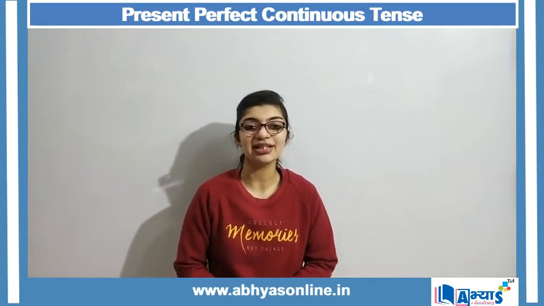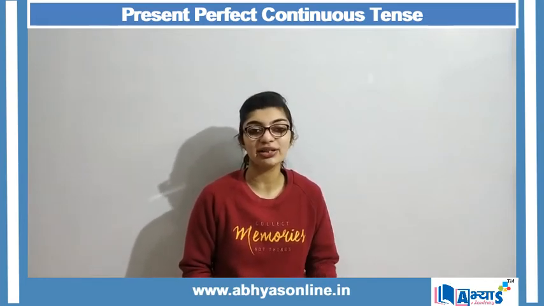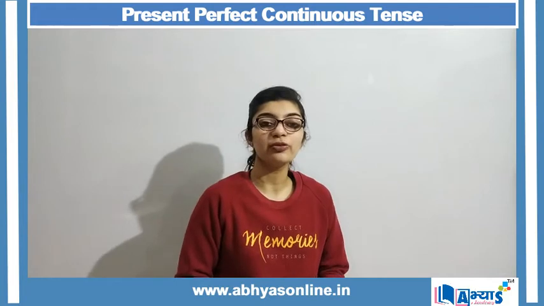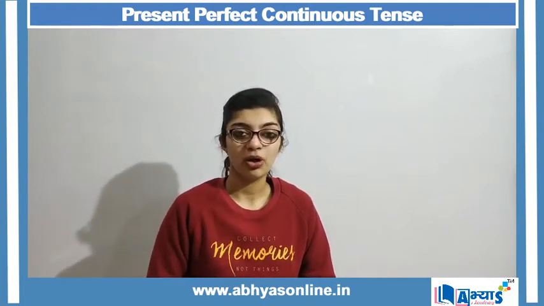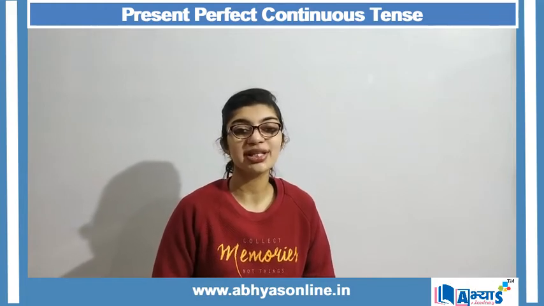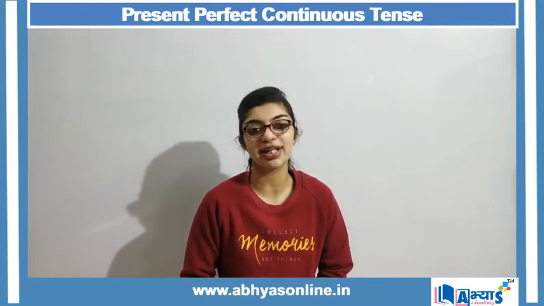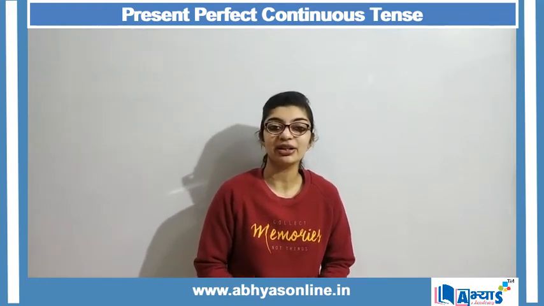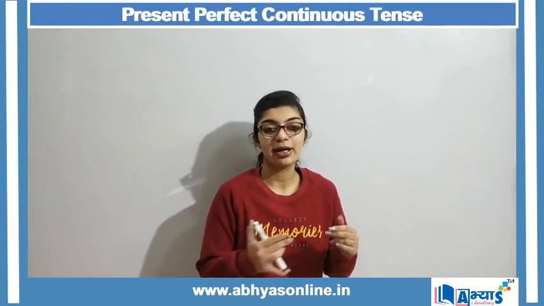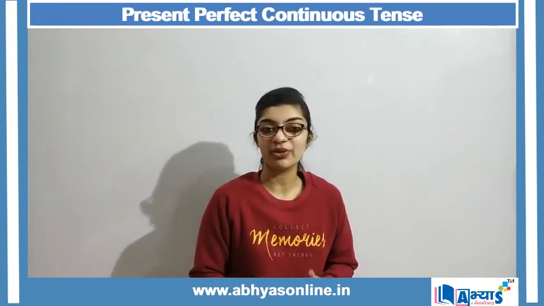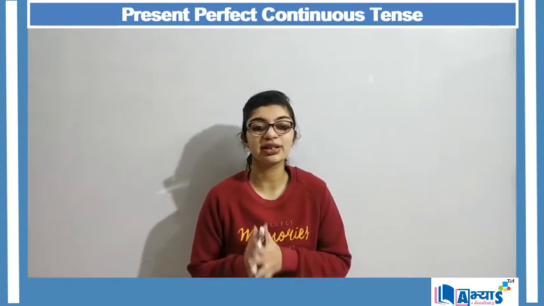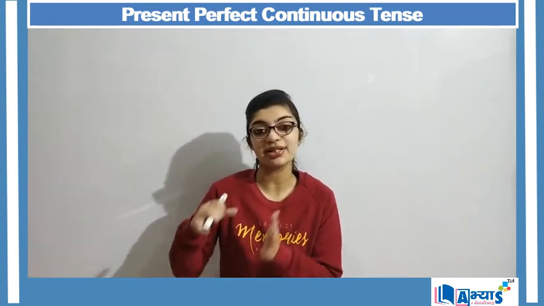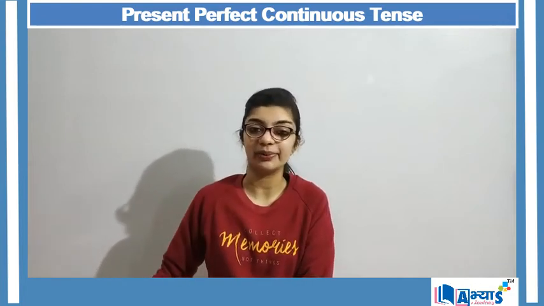Now, these tenses are further categorized into many forms, and out of those forms, today we are going to study the form of present tense, which is present continuous tense. Now, present continuous, these two words, present means something which is happening now, and continuous means something which is continuing.